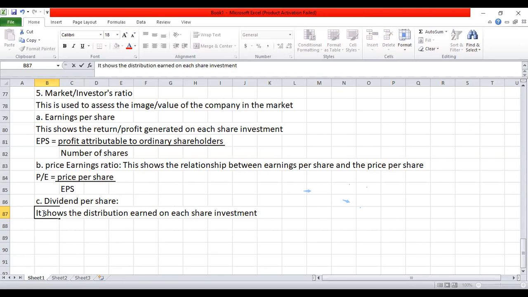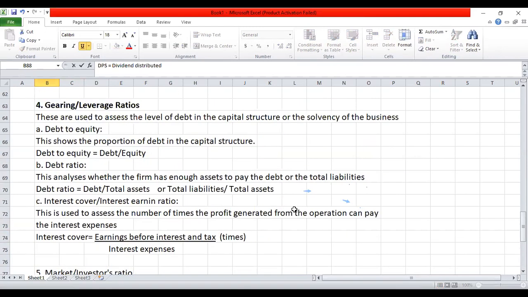How much do you receive on each share investment? Then you are going to get the dividend per share. So when you are measuring, it's going to be DPS equal to dividend distributed divided by the number of shares. So the unit of measurement is also currency here.